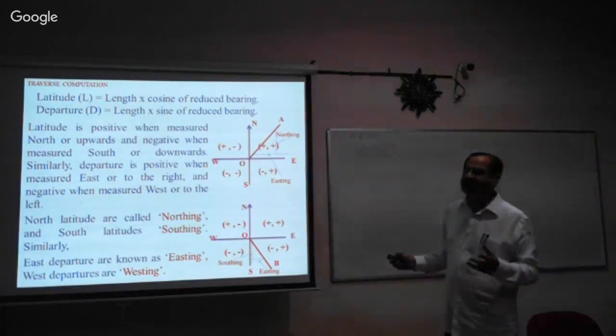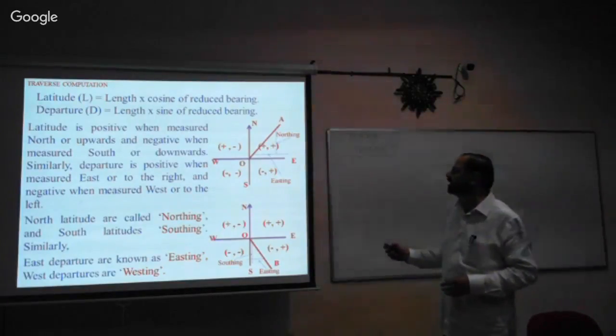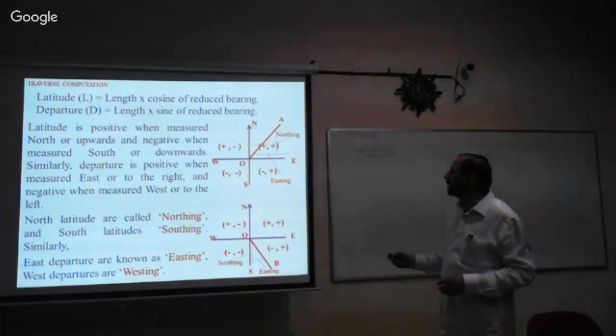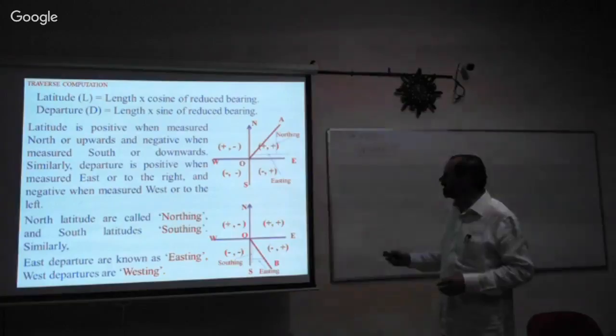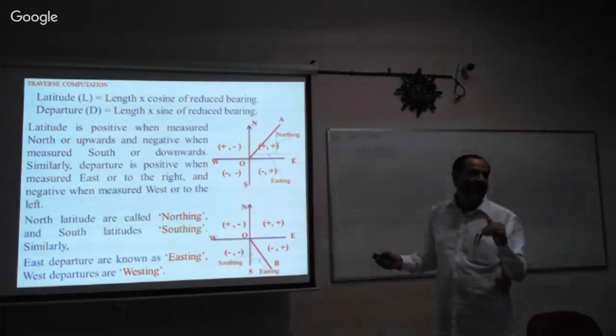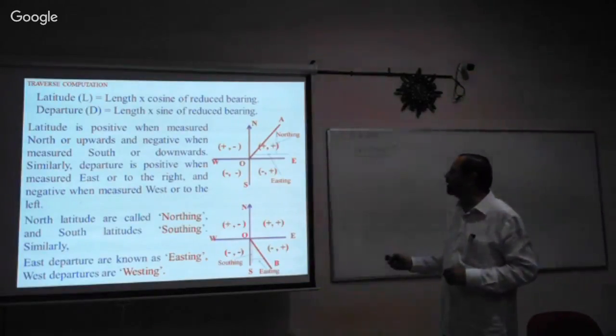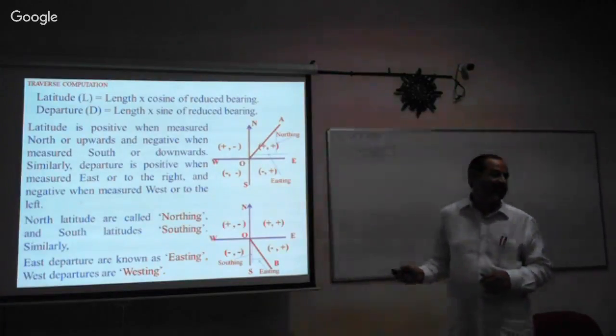If you consider theta, then this becomes L cos theta. If you consider this as the angle in this triangle, then the north coordinate becomes L cos theta. Suppose if you change theta from this corner to this corner, then the east coordinate becomes L sin theta.